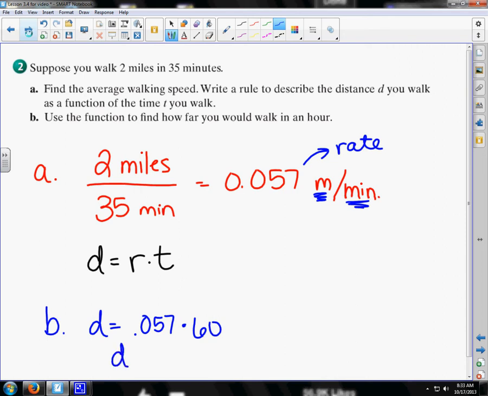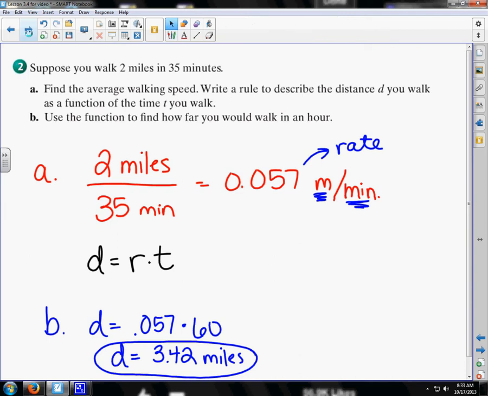And my distance would equal 3.42 miles. Which, if you look at it, it makes sense because they went 2 miles in 35 minutes, so then in an hour, they're going to go about 3.5 miles. So that makes sense.